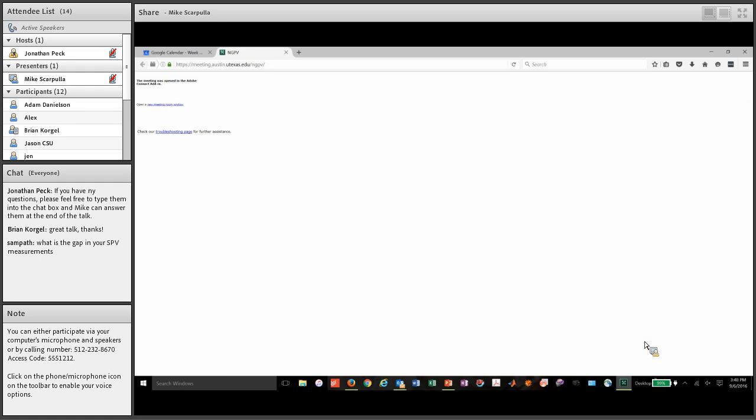What is the gap, Sampath? I assume you mean the physical spacing between the sample and the TCO electrode. What we did is actually called soft contact. We basically had the electrode pressed up to the sample in such a way to maximize the signal but minimize parasitic conductivity.